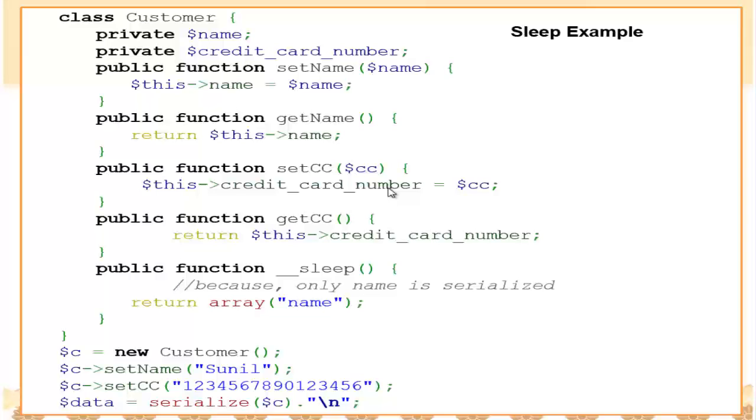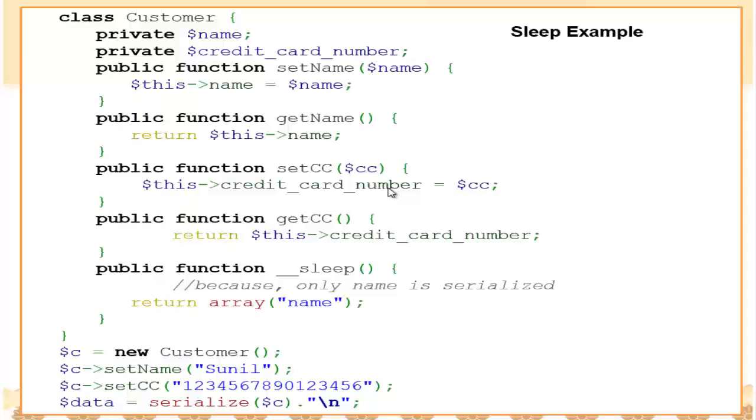Remember, this method has to return an array that contains the values that need to be saved. In this case, I tell PHP that I want only the name to be serialized. I don't want you to serialize the credit card number. So the return value of this method is only the name of the private variable. The second variable is not passed.